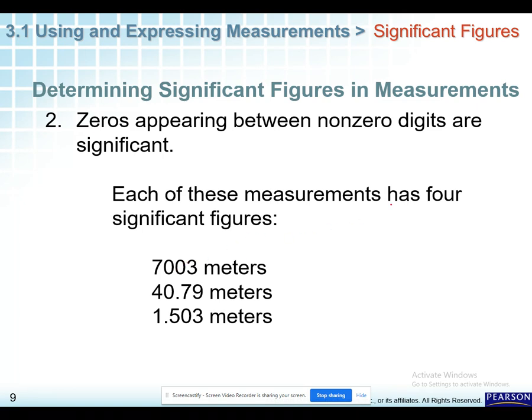So this has 4 sig figs. This 0, again, is between the non-zero digit 4 and 7, so it counts. So I have 4 sig figs there. This 0 is between the 5 and the 3, so yes, it also counts. And so this is also considered significant. So again, zeros between non-zero digits are significant. Yes, they count.